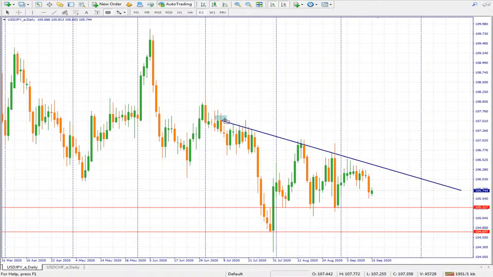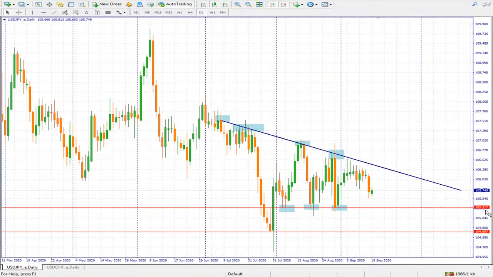So we have a resistance at this point, we have a resistance at this point, and then we have a resistance at this point, and then we also have a resistance here, and we have a support on the lower side. We still have a support here. We had a support at this point. So as it is now, we actually expect price to continue down up to 105.31517.